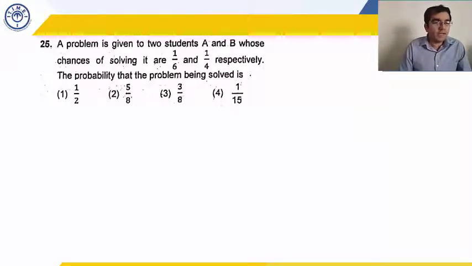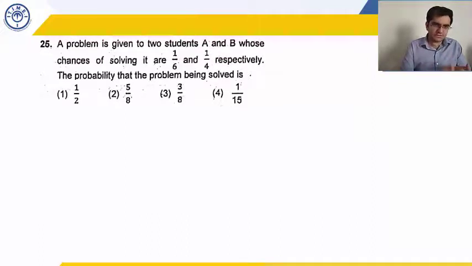Okay. What is the probability that the problem is being solved? So what all can take place? A solves it and B solves it. A solves it but B does not solve. A does not solve but B solves, and A does not solve, B does not solve. These are the total options.